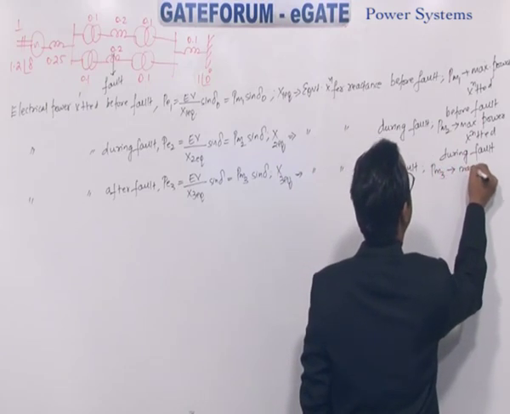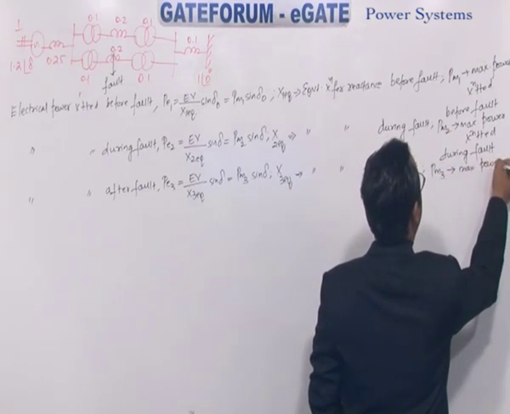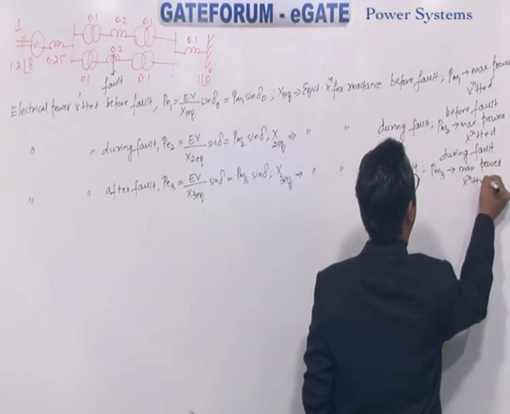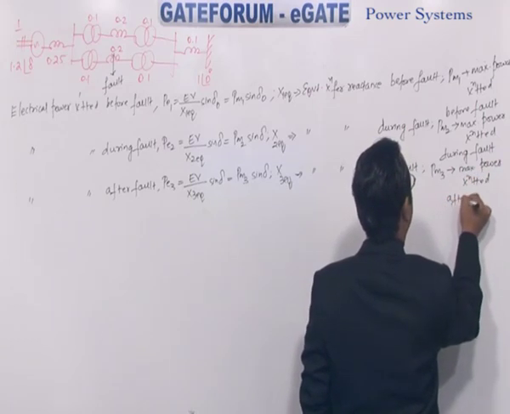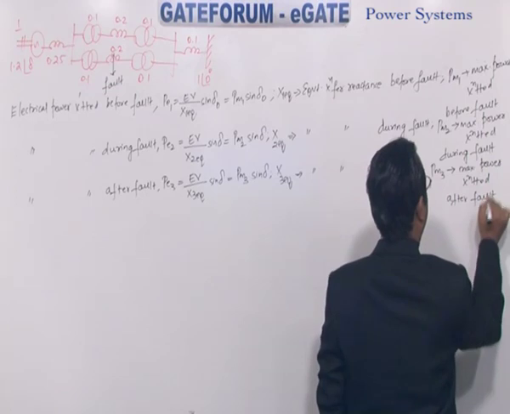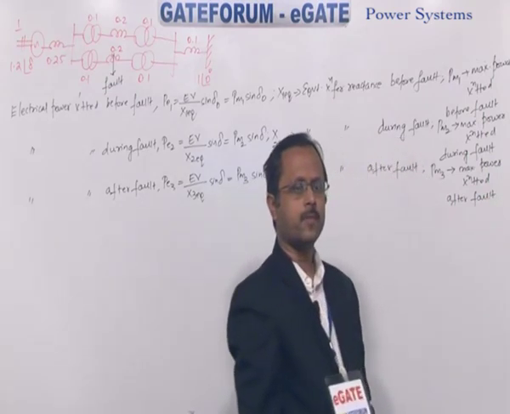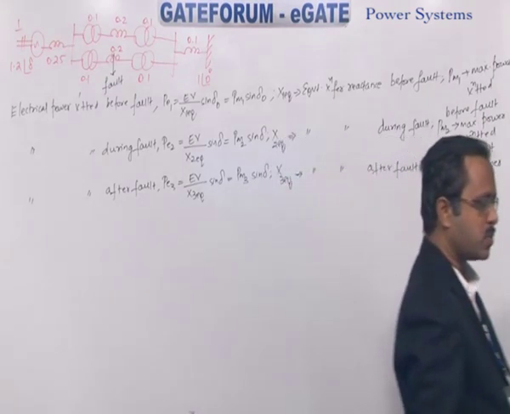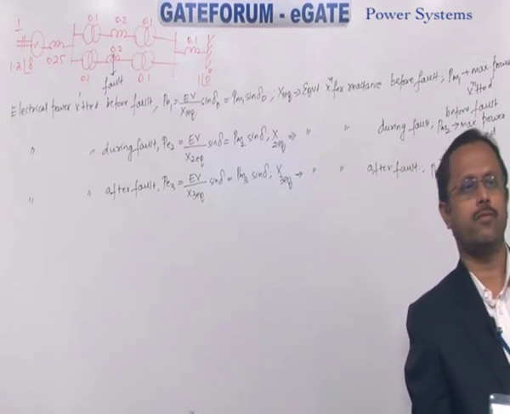So PM3 is the maximum power transmitted after fault.